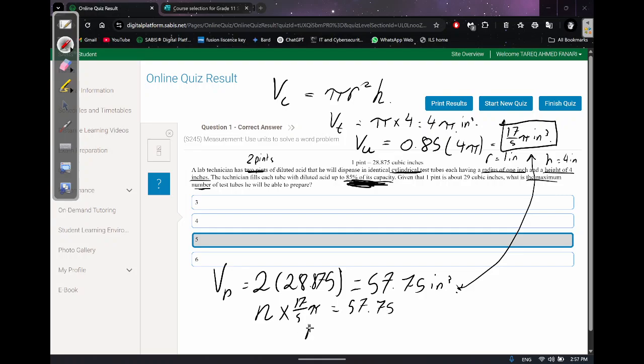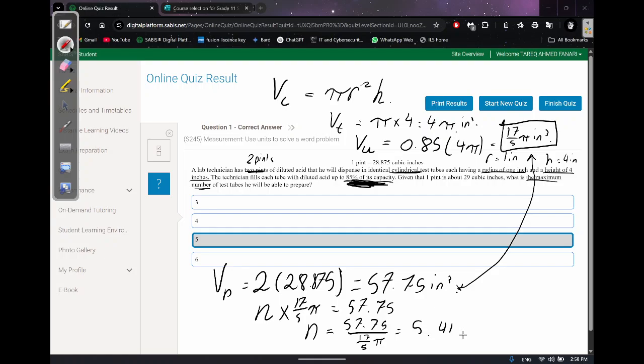So now n is going to equal 57.75 over 17 over 5 pi, which equals 5.41. Now, of course, there are no 5.41 cylinders.